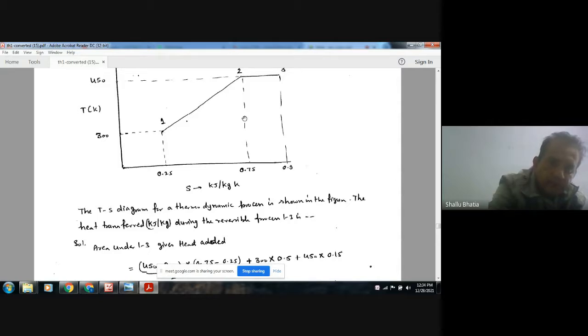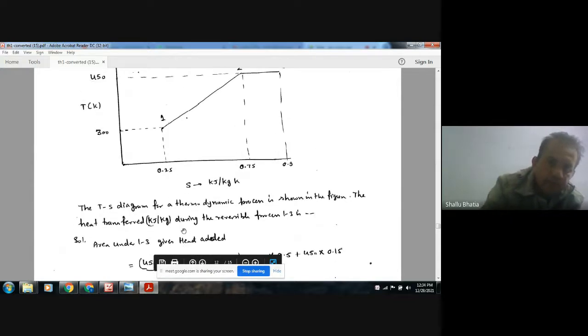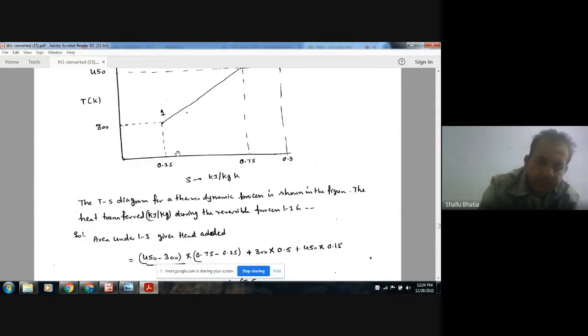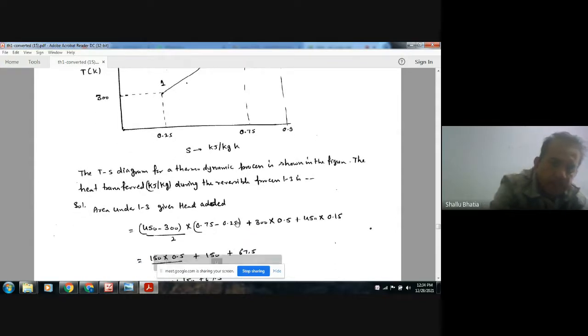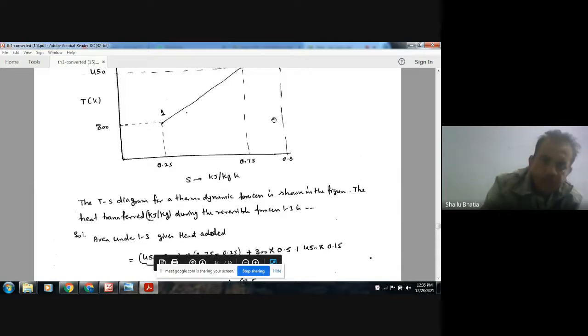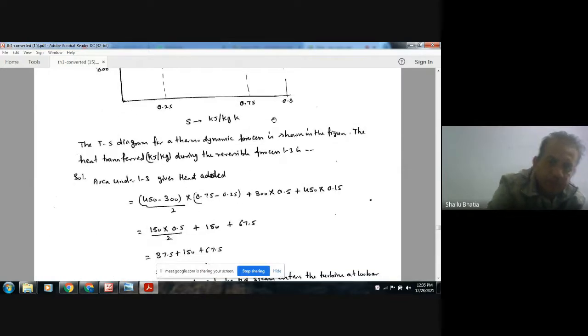The area of this triangle is (450 minus 300) times (0.75 minus 0.25) divided by 2, plus this portion 300 into 0.5, and this portion 450 into 0.15.